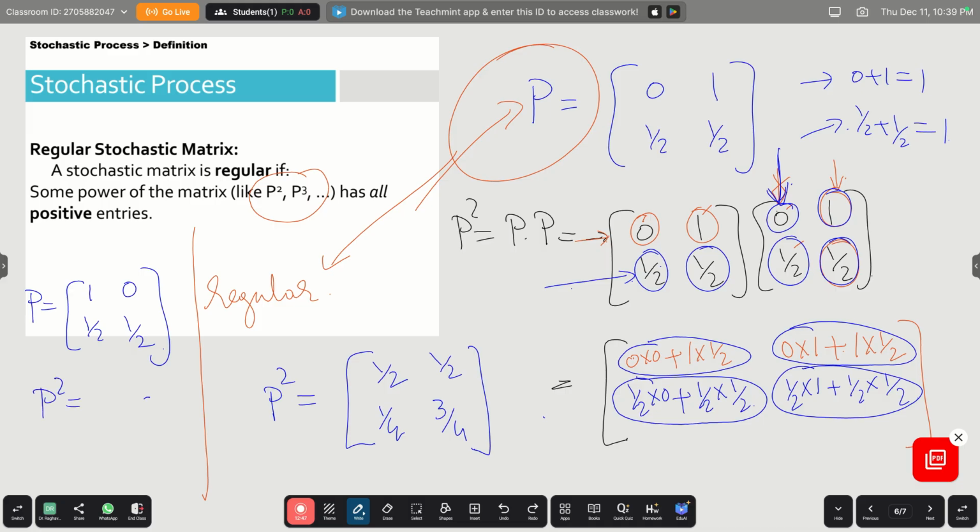P square will also have 0 in the second row, second column. Then if you try for P cube, there also you will have 0 in the same position. Alright. You take any power of P, this will never become positive. So this is not a regular stochastic matrix. Right. So hope you understood how to check whether a given matrix is a regular stochastic matrix or not.